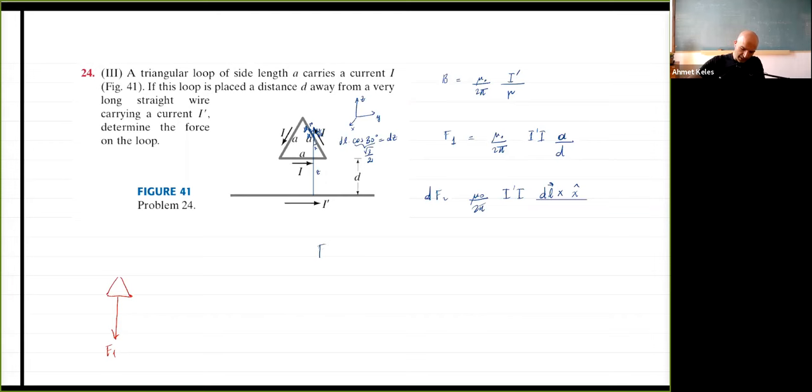I'm trying to use this formula: F is equal to I, L cross B. L is in that direction, like this. B is out of page, like this direction.